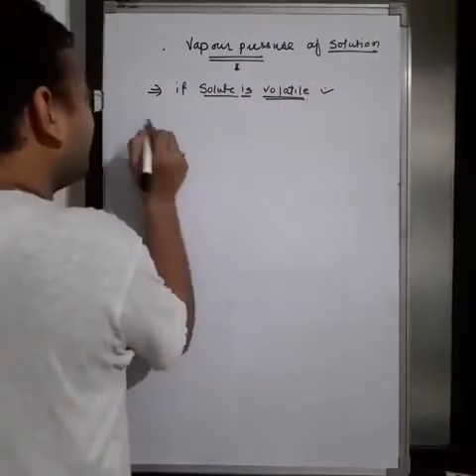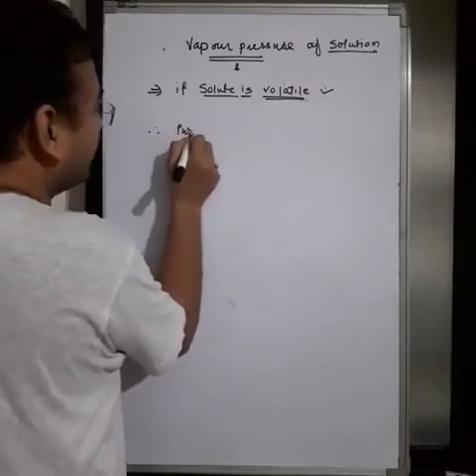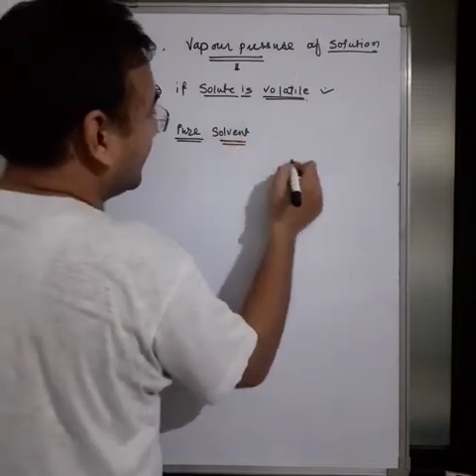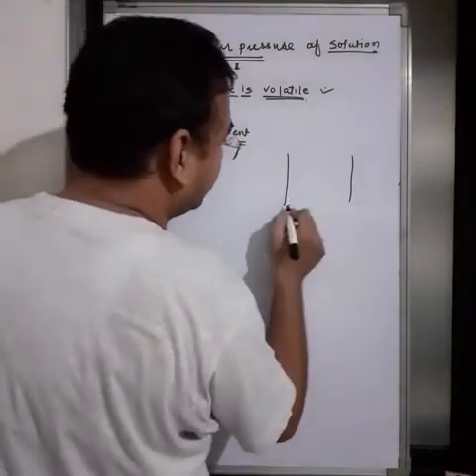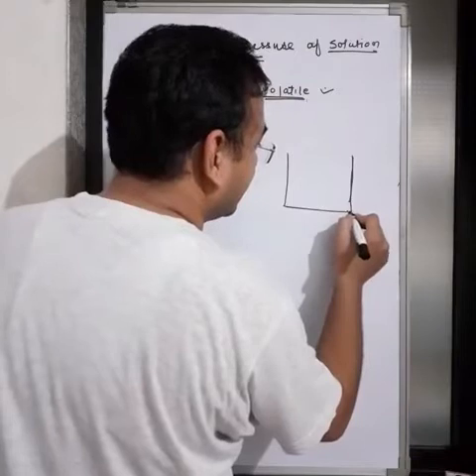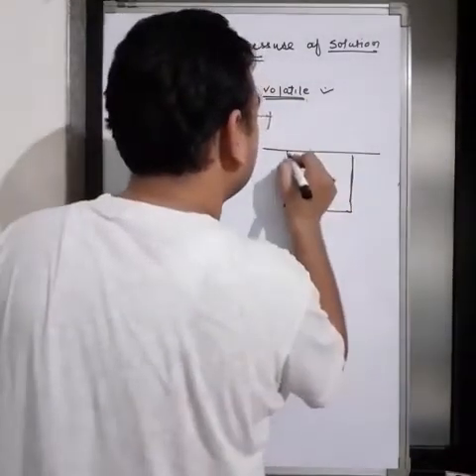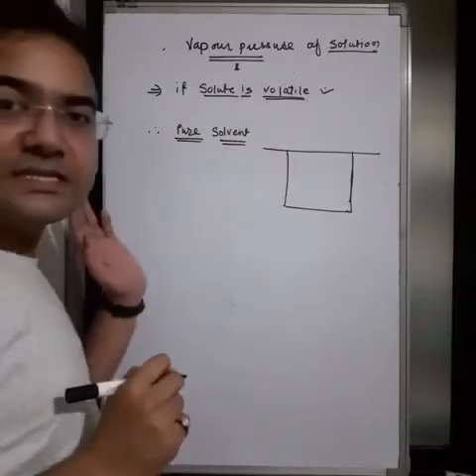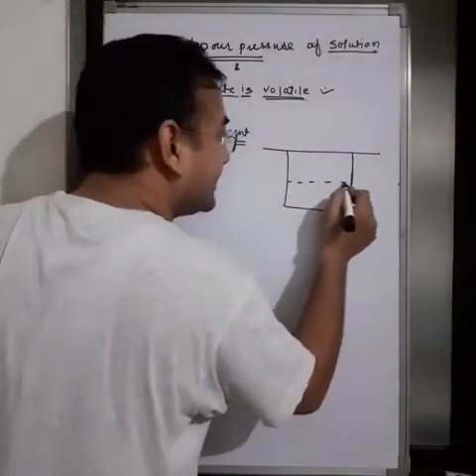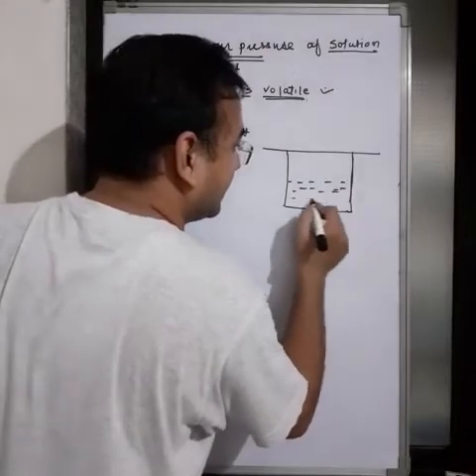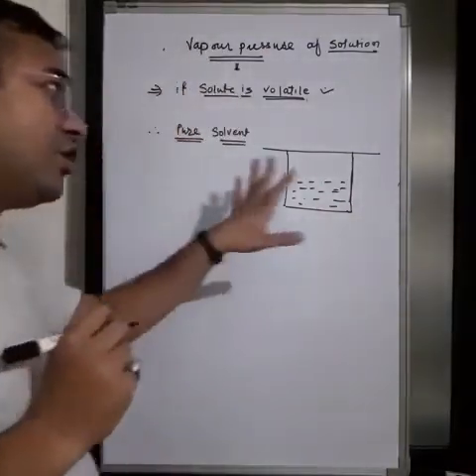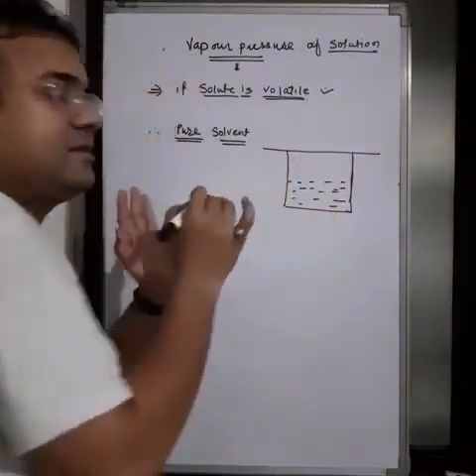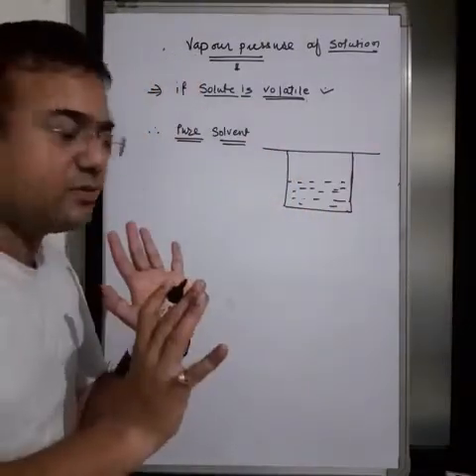Suppose for pure solvent, I have this closed vessel with pure solvent put inside it like this. This part is just for understanding, okay?